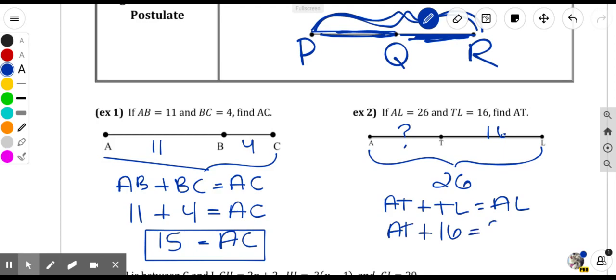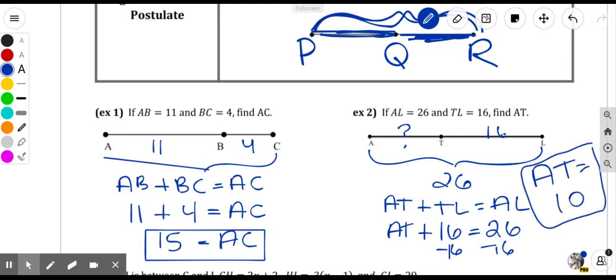And we were given AL is 26. So we're not just going to simply add these two numbers together. I'm sure most of you are probably thinking right now we would subtract. So if I wanted to solve for AT here, I would subtract 16. So that means AT would be 10. And again, if you looked at this and immediately knew AT was 10, you do not have to show all this work. Okay, so those are some basic examples.